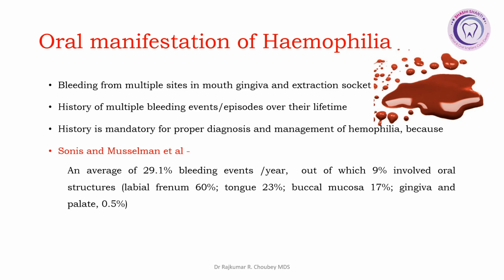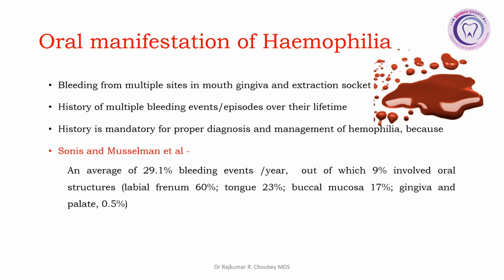There are bleeding signs at multiple sites in the oral cavity, like from the gingiva or the extraction socket. If we take the history, then we find that there are multiple episodes of bleeding over the lifetime.